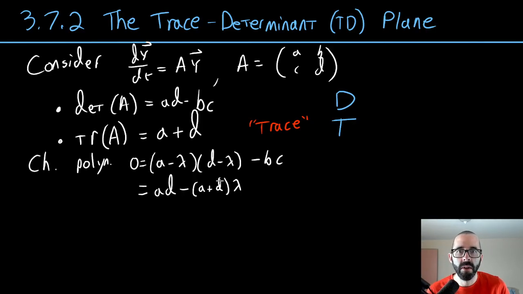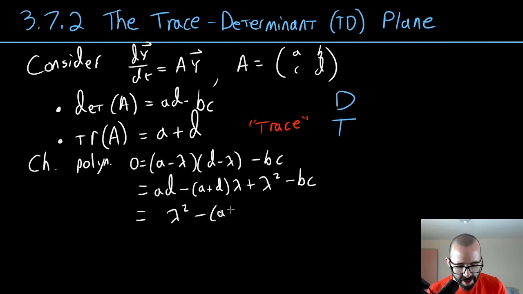I'm not done. The last part of FOILing is lambda squared. Now if I rewrite this characteristic polynomial a little bit, we get lambda squared minus (A plus D) times lambda plus AD minus BC.